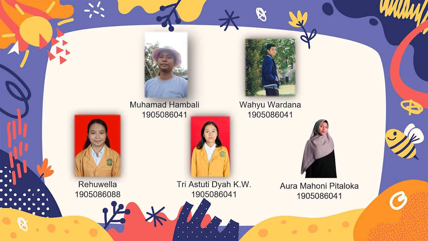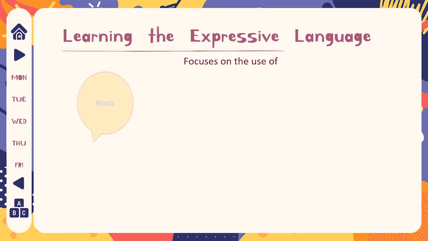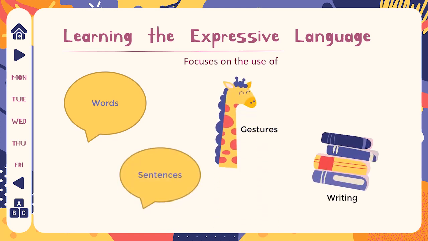Okay, first of all, before we discuss it more, is it better for us to know first what expressive language is? Expressive language is one of the language learning theories that focus on the use of words, sentences, gestures, and writing to convey the meaning and the message to others.